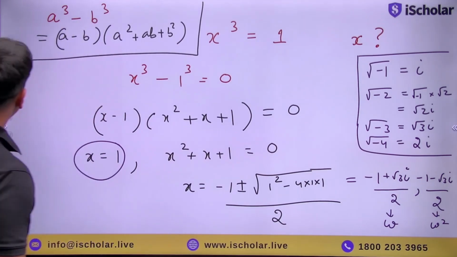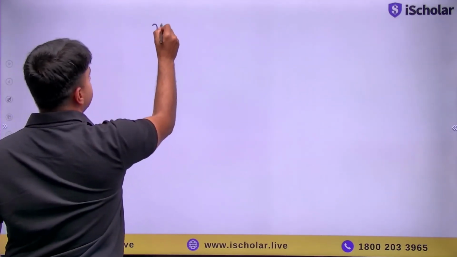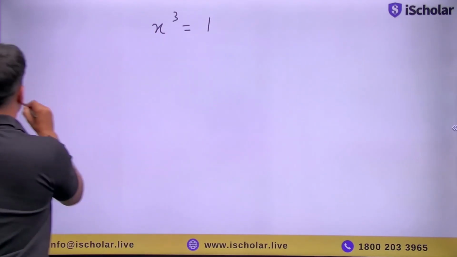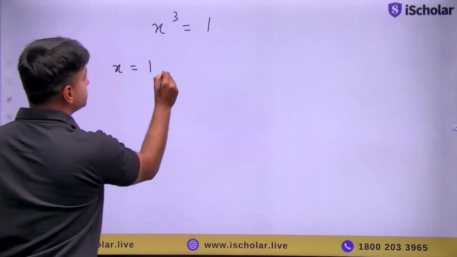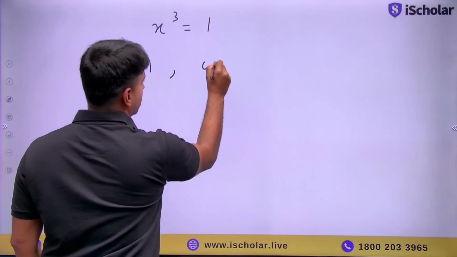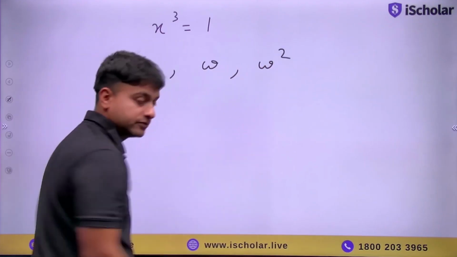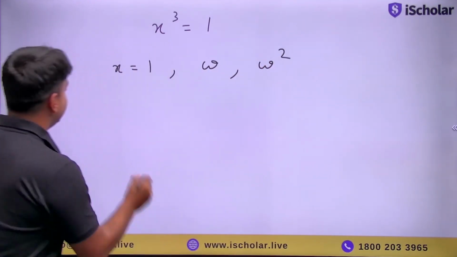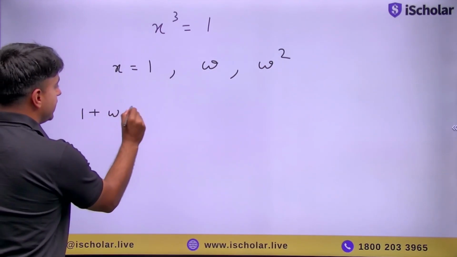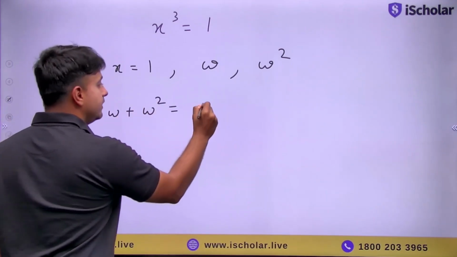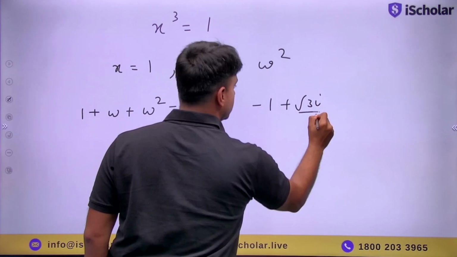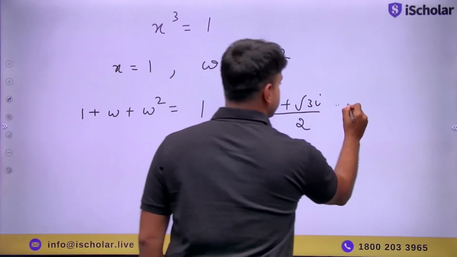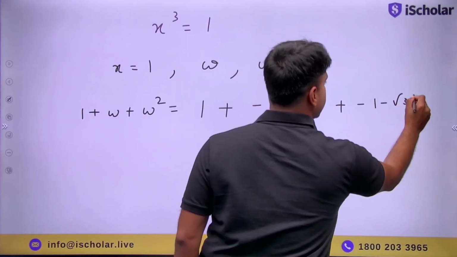Great. So what we have learned is that if I say x cube equals to 1, the values of x will come down to x equals to 1, x is omega, and x is omega square, right? And if I just add 1 plus omega plus omega square, what will I get? 1 plus minus 1 plus root 3 iota by 2, and then plus minus 1 minus root 3 iota by 2.